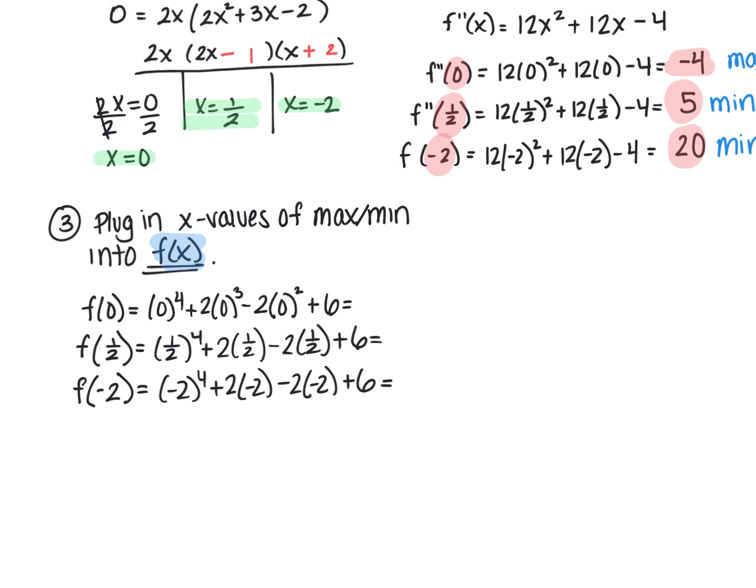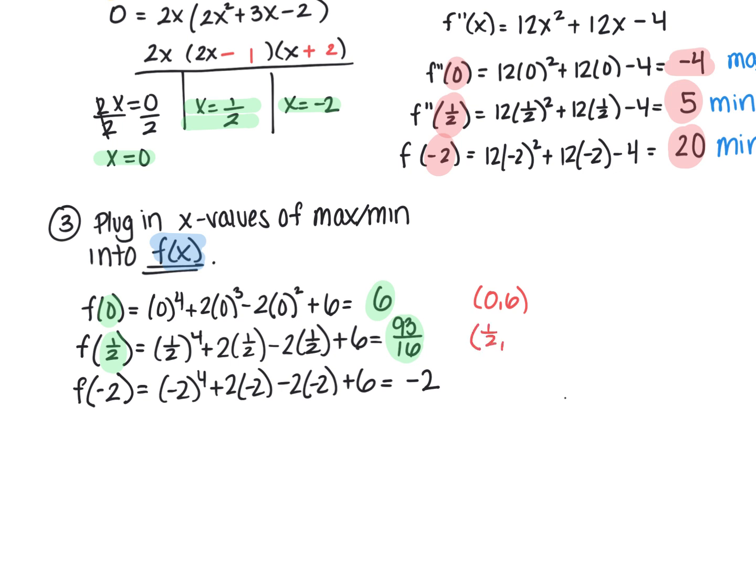All right, this is what I got. So I got 6, 93/16, and -2. So if you want to put these into points, you have to put the x value that came first and then the y value. So we put in an x value of 0, got out a y value of 6. So this would be the point 0, 6. Then next we put in an x value of a half and got out 93/16.